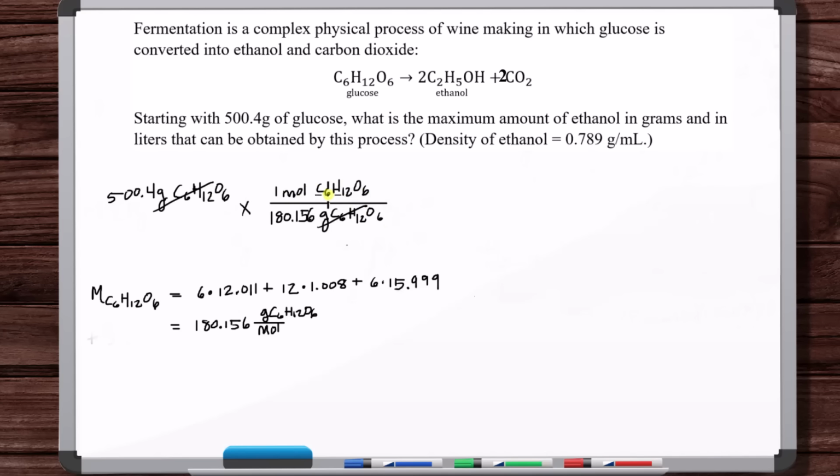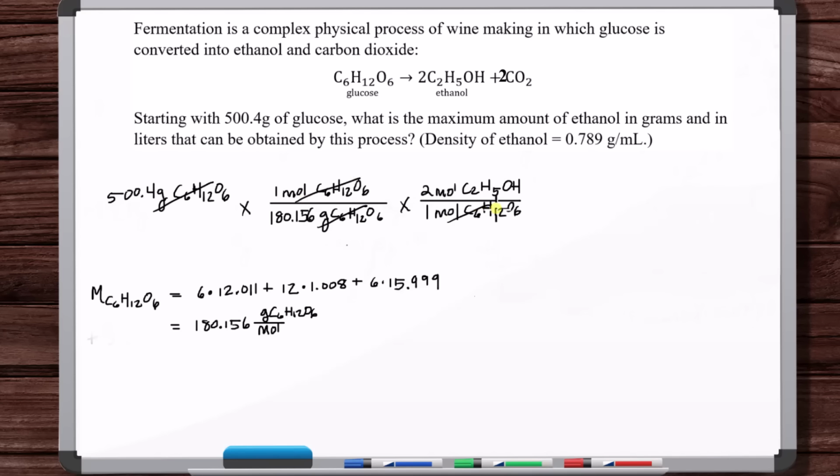So now we've got the moles of glucose. So now let's convert to moles of ethanol. So we know that for every 1 mole of glucose consumed, 2 moles of ethanol are produced.